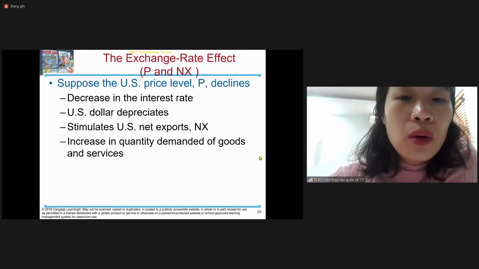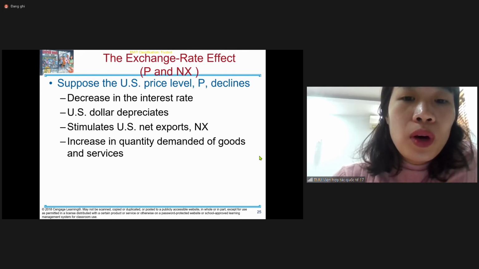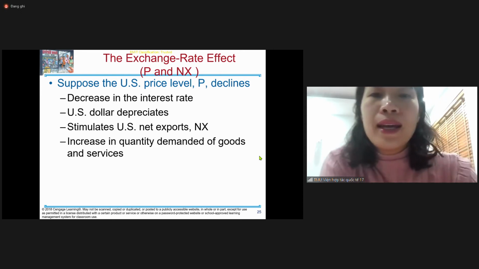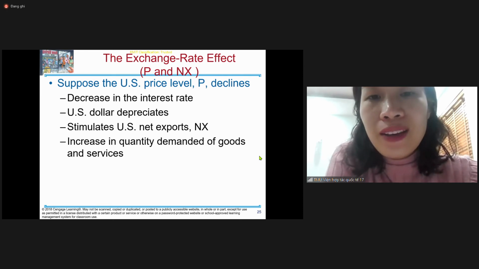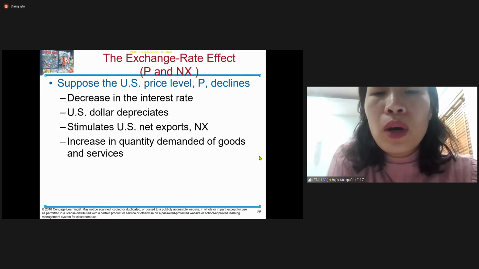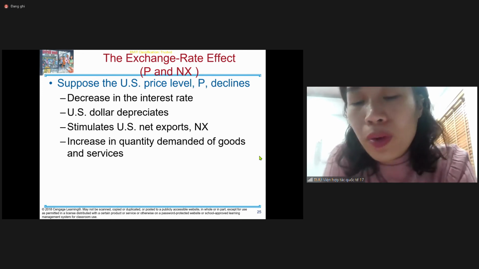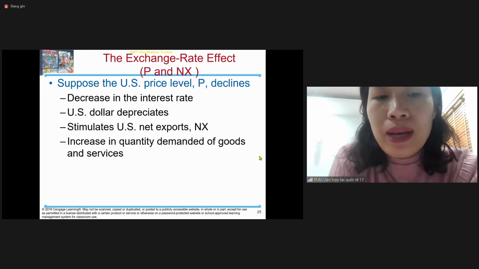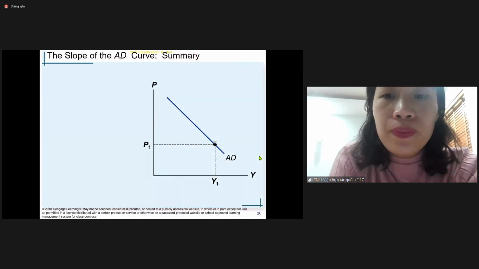Giảm giá trị của cái đồng đô la Mỹ. So that will related to an increase in the net export, an increase in the demand of goods and services, and therefore we see that when price level of a country decrease, and that will lead to an increase in quantity demanded of goods and services, or will lead to an increase in the AD, or aggregate demand of the whole economy. Okay.